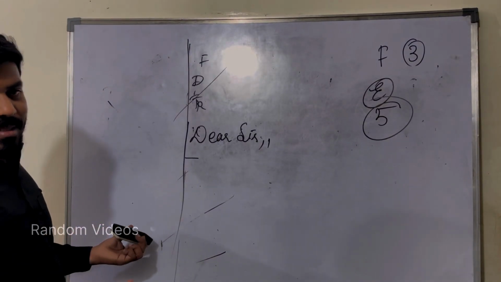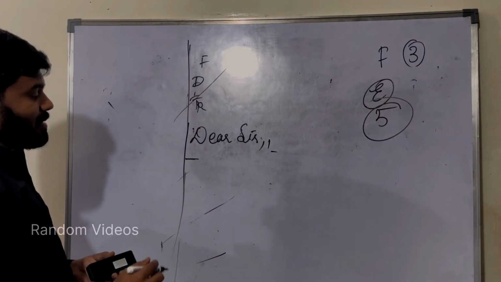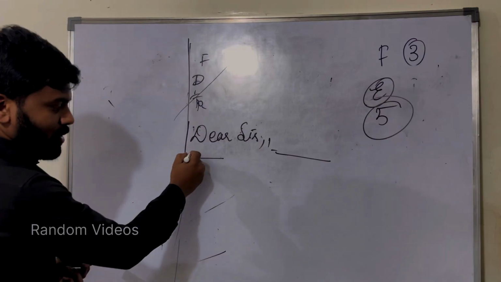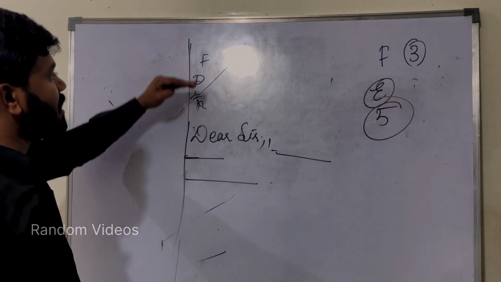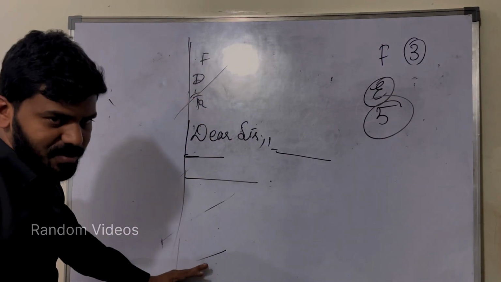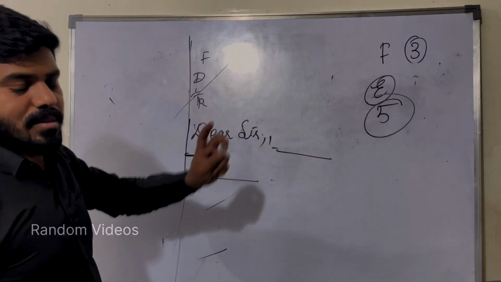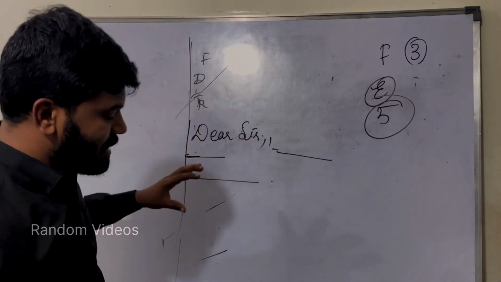There is no rule that you need to start from here. Anywhere, you can start from here, it's fine. You want to leave a line and start from here, it is fine. But see to it that from address, to address, salutation, subscription are on the left side, everything is properly aligned and proper punctuation is followed. All these things keep in mind.